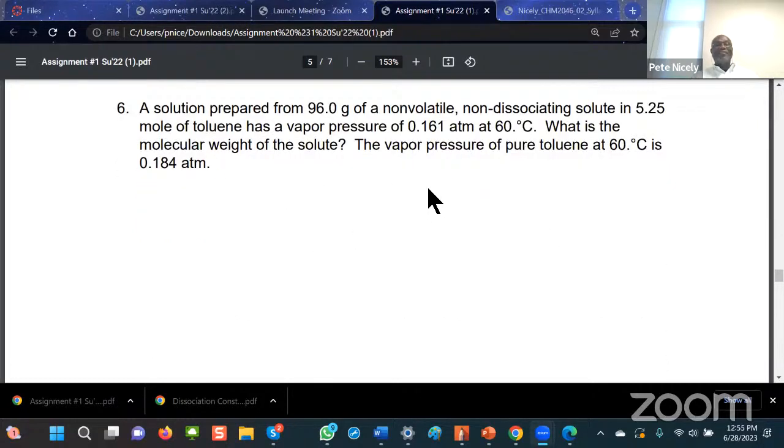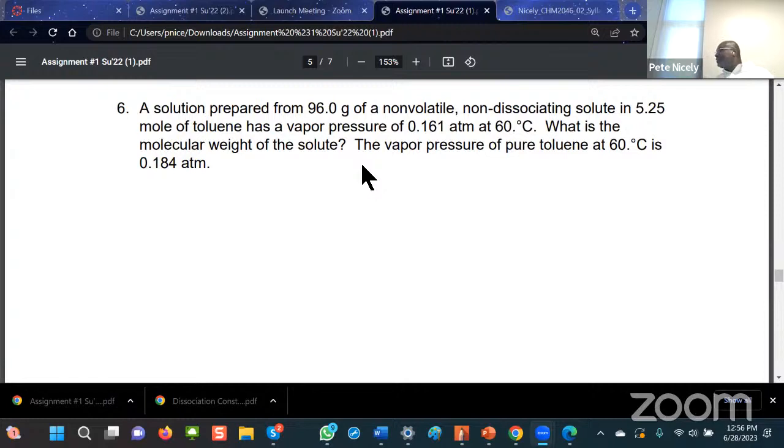Now, this one is one of the usages of colligative properties. We can use it to actually calculate the molar mass of a solute that is dissolved in a particular solvent by looking at the changes in the vapor pressure of the solution compared to the solvent.